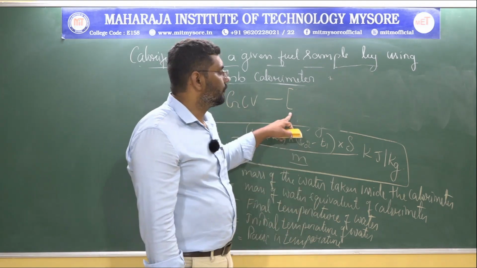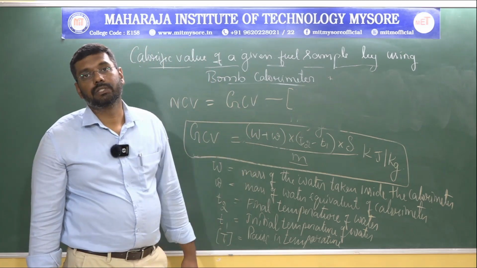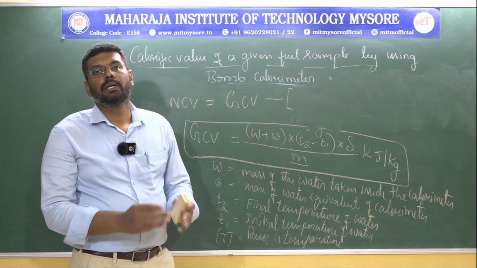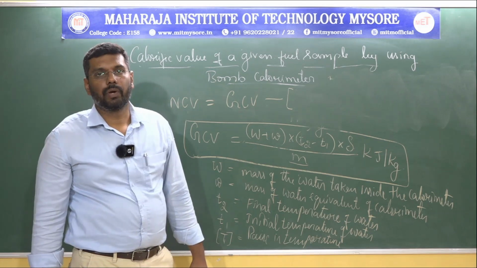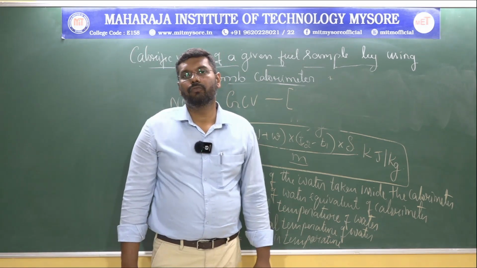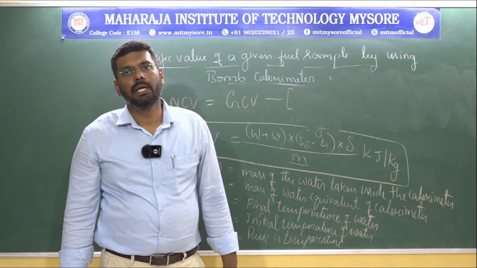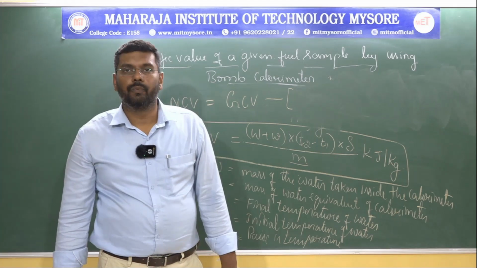So if the percentage of hydrogen present in that particular fuel is known to us, it will be very easy to calculate the net calorific value. If you want to produce one molecule of water, that is 18 grams of water, 9 grams of hydrogen is required.